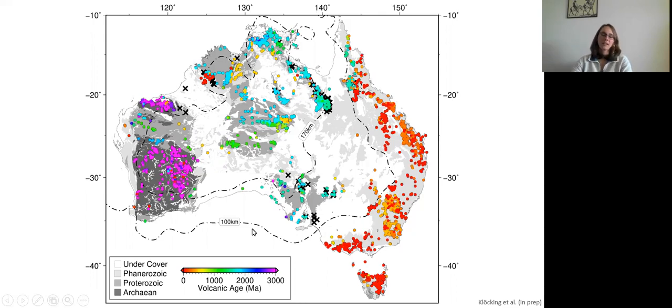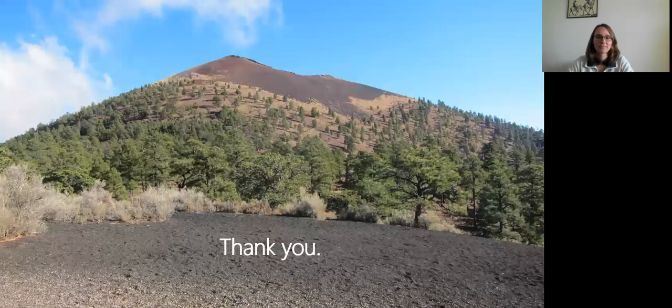And the challenge now is to see, well, can we actually use these various volcanic rocks and their compositions to track the evolution of the lithosphere in these various cratonic regions through time. More to come on that. Thanks very much, and I'll take any questions.